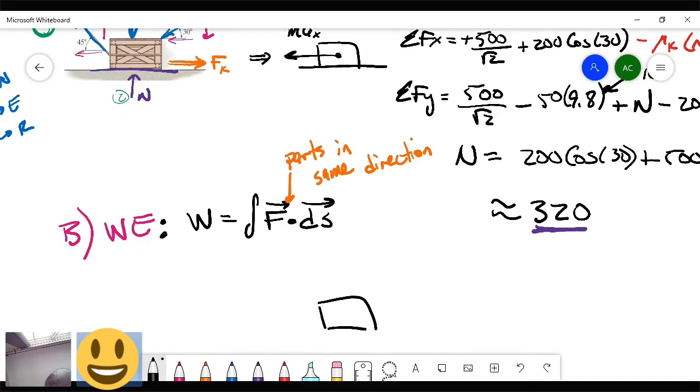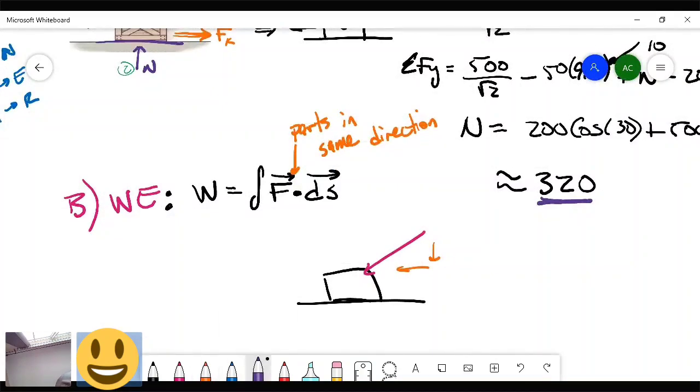let's look at our block actually. If your object is being pushed with a force like that, we know that it has an X part and it has a Y part. They have to tell you the direction that the work is going to be considered in.